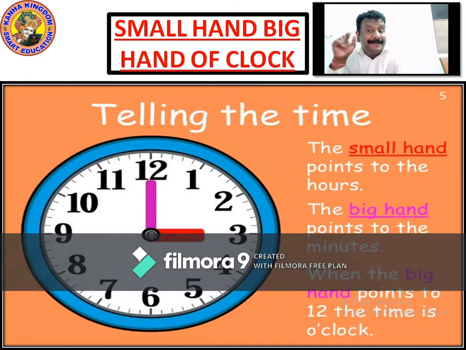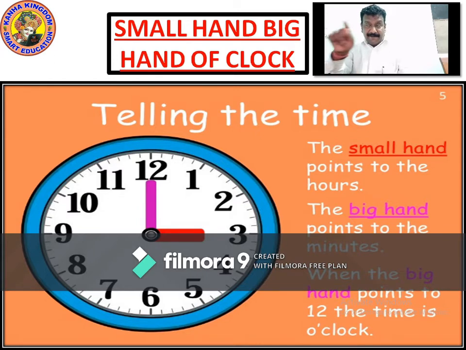It would be 3:10. Once the small hand is at 3, it starts moving down a little, and the big hand starts moving, crossing 60 minutes. Then again it crosses 5 and 10. If it comes to 2, then it is 10. 3:10.